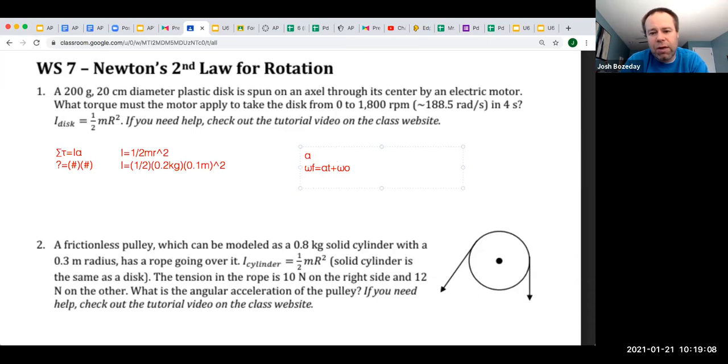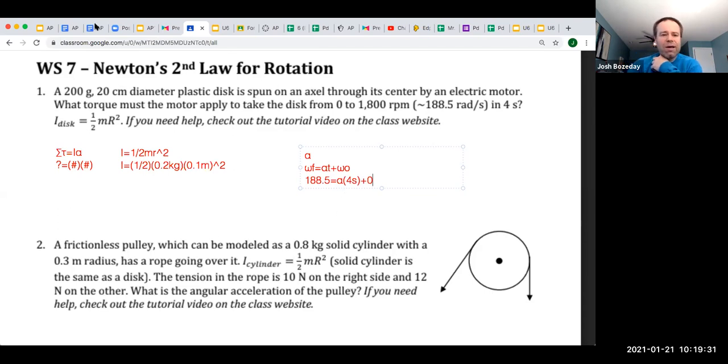And so the numbers we'd plug in are the final, which is 188.5, and radians per second is already the right units. Alpha is what we're looking for, so that's our question mark. Time is 4 seconds, and we start from 0 rotational velocity, so 0.